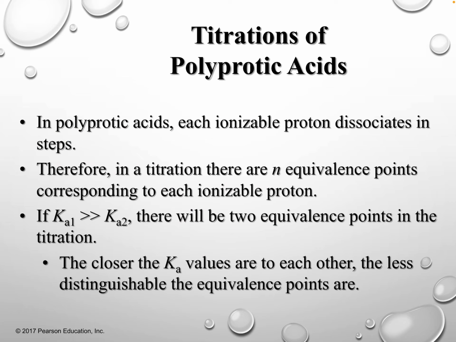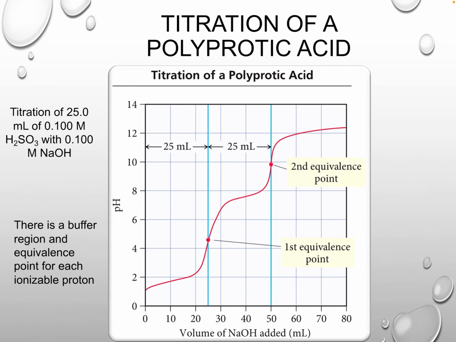If they were really close to each other, you might not see really good separation between those Ka values and not great equivalence points. Typically, though, you'll see very large differences in the Ka values, and so we'll get this characteristic curve. So this would be a diprotic acid because we have 1, 2 equivalence points.